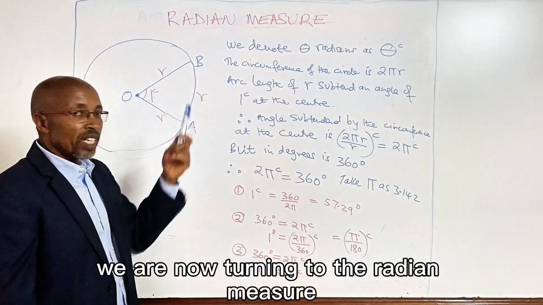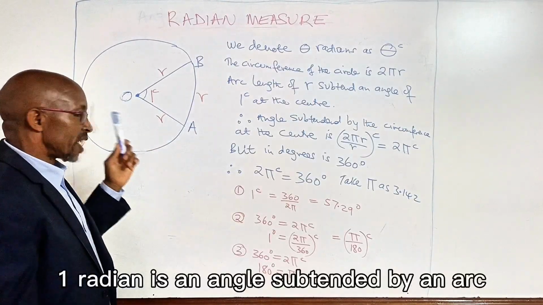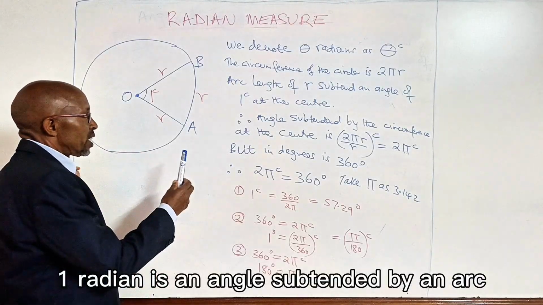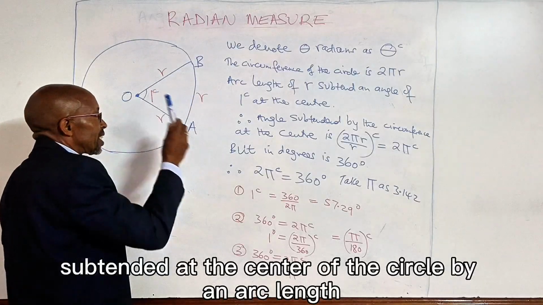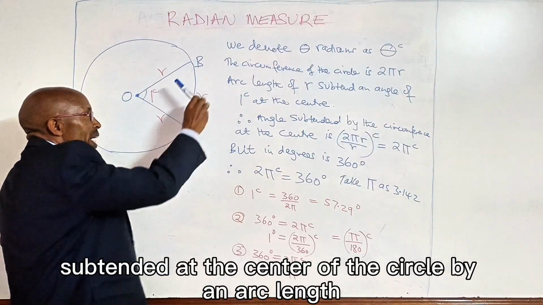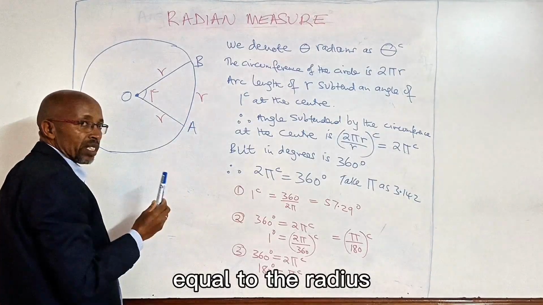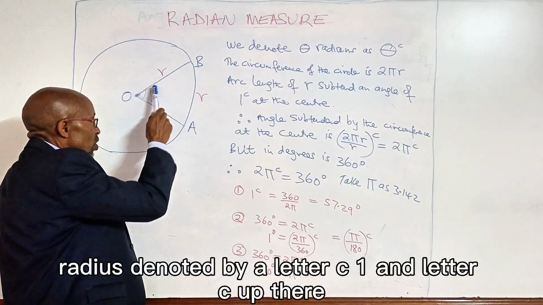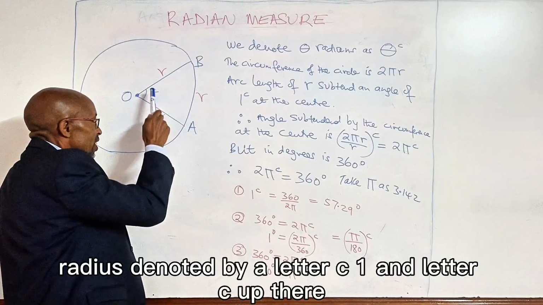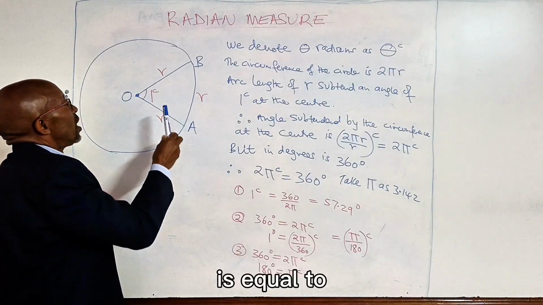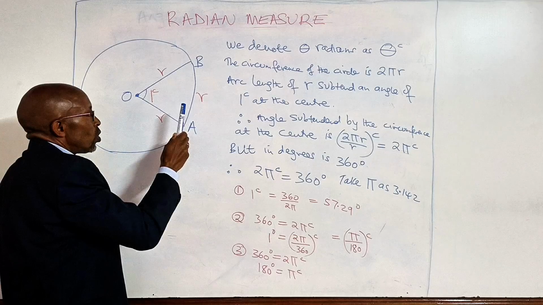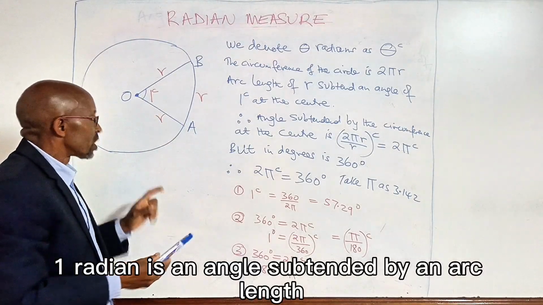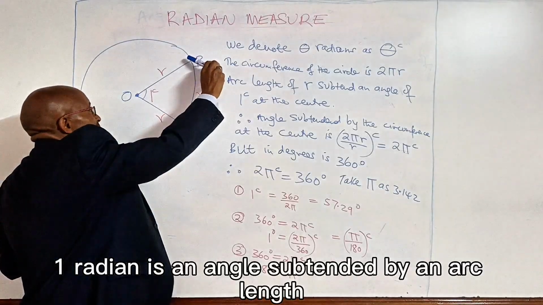We are now turning to the radian measure. 1 radian is an angle subtended at the center of the circle by an arc length equal to the radius. 1 radian, denoted by a letter c, with a small c up there, is an angle subtended by an arc length.